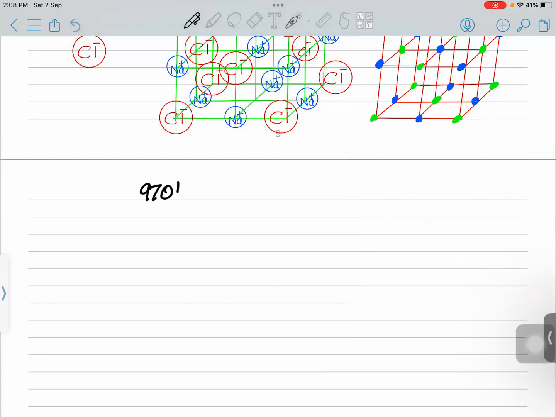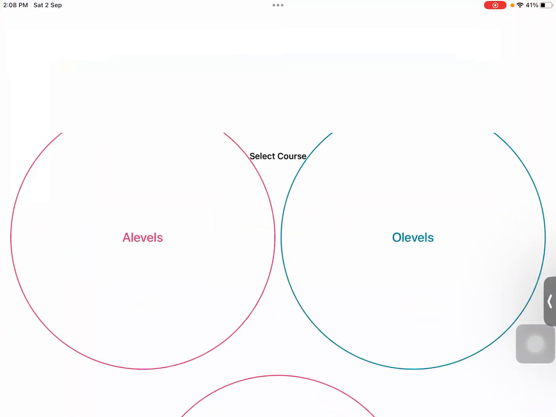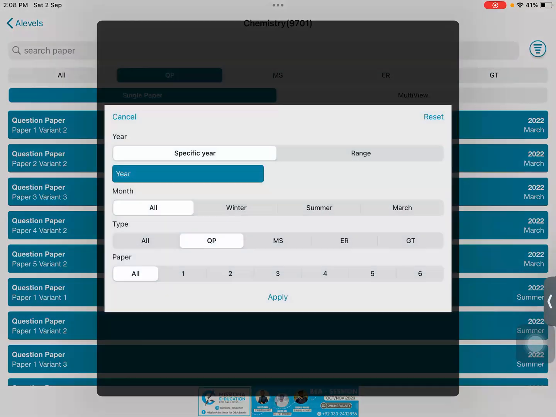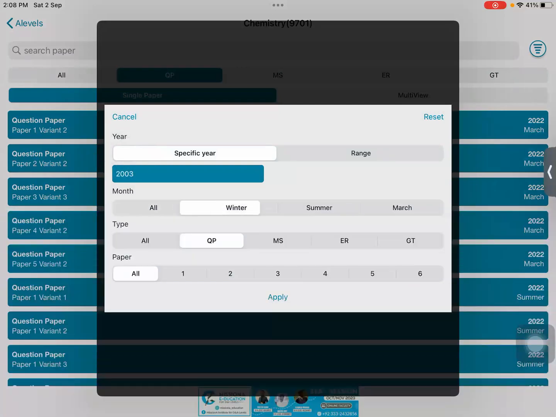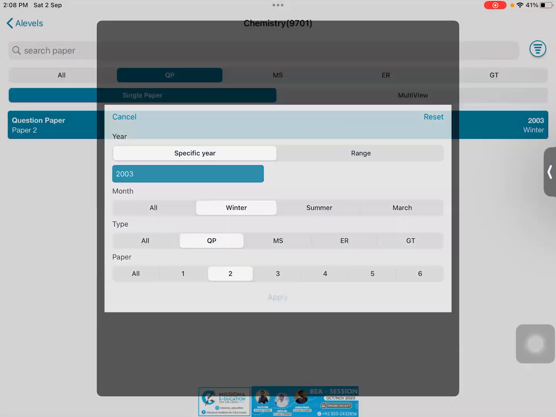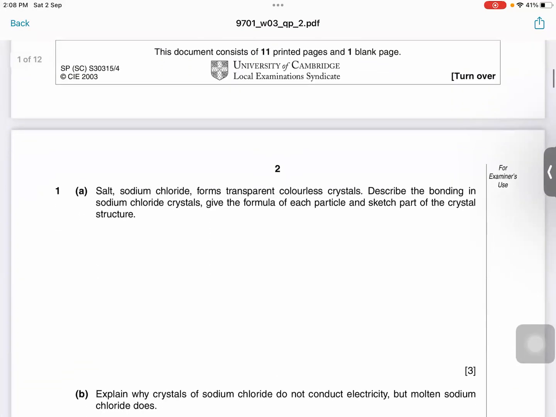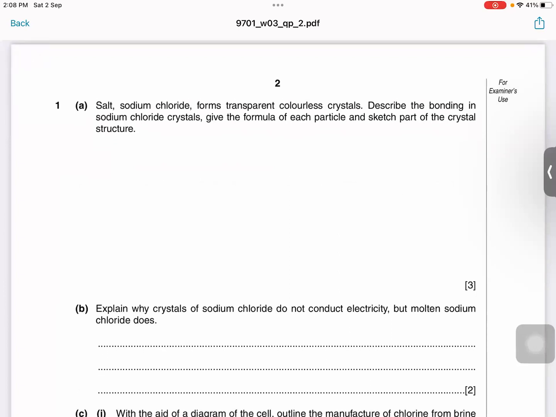Examiner asked, 9701 paper 2, October, November 2003. This one is for 3 marks.